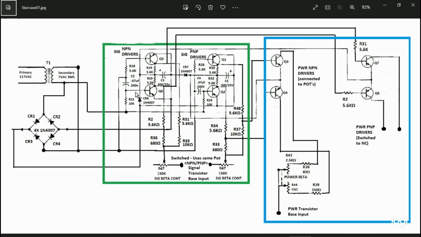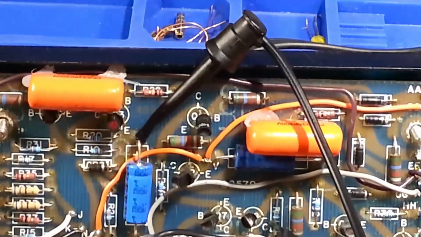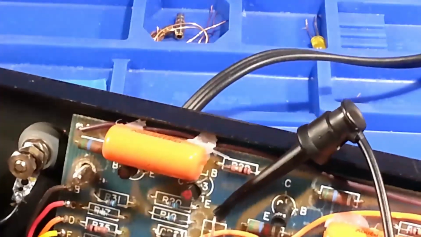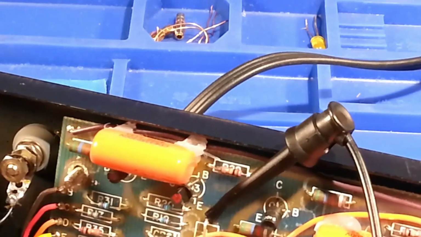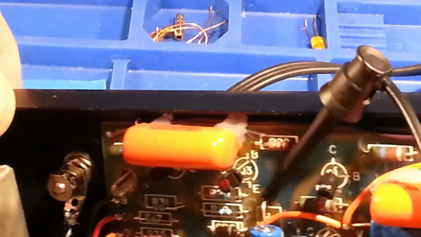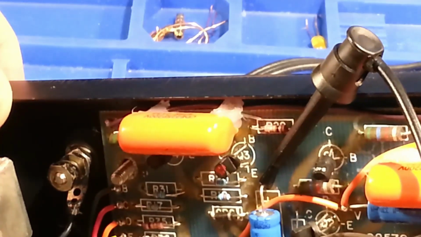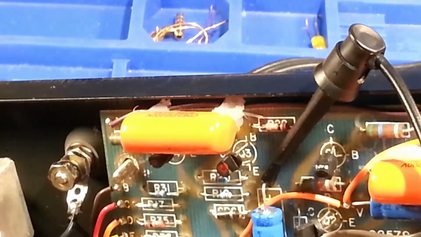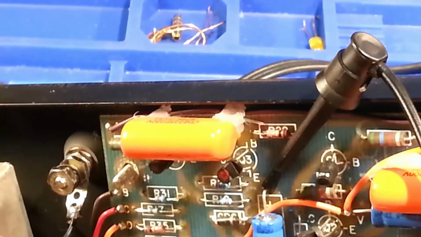And here's where the miscommunication and misdirection lies. Right adjacent to C3, the two transistors that are there, if you look, that one says Q3. I don't think I can zoom in anymore from this distance. That's the best one I got there.